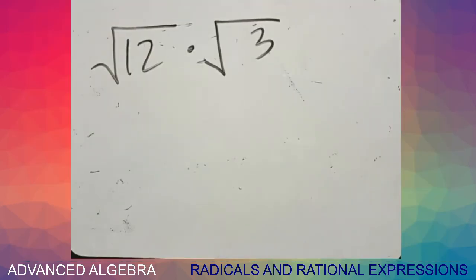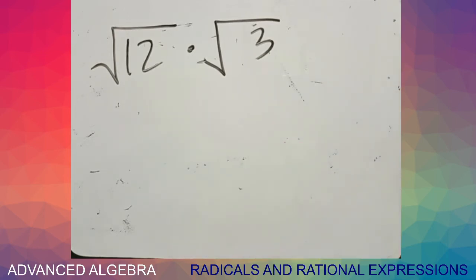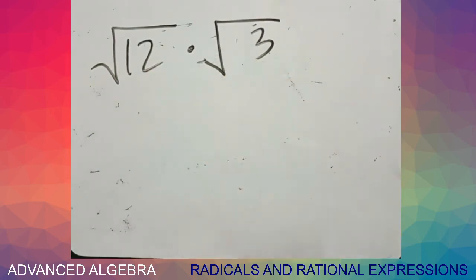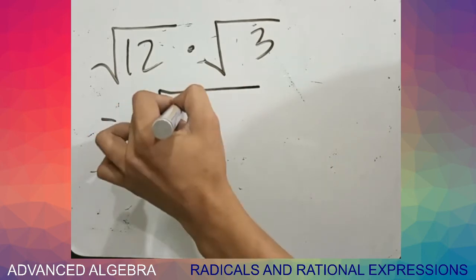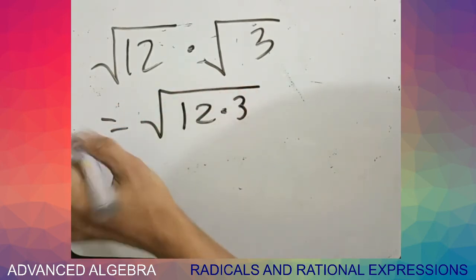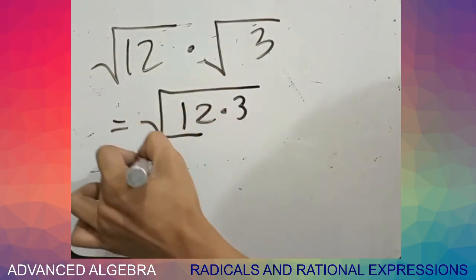Okay. So, the square root of 12 times the square root of 3. Express natin as a single radical expression. Ibig sabihin, pag multiply natin si 12 at saka 3, kokopyahin lang natin si square root. So, the square root of 12 times 3, 12 times 3 ay 36.